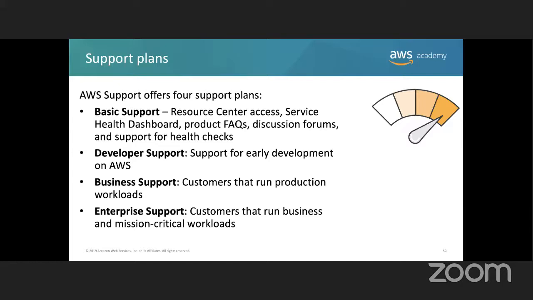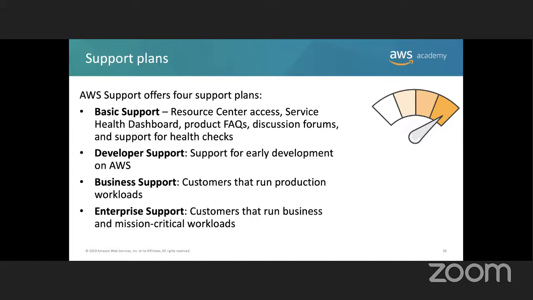No, these are people that are developing, so they need support, right? Now, the business support has customers on production workloads. They're working at that stage after the product is developed. There's the production stage.